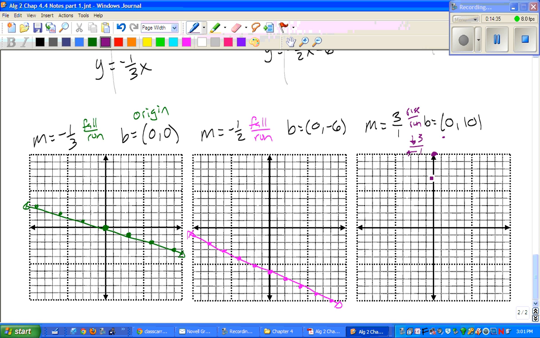So 1, 2, 3 over 1. 1, 2, 3. The key thing here is that this line is still positive because our slope is positive. If you end up drawing it the opposite direction and it's going down, you're drawing a different line. So be very careful with what you're doing, okay?